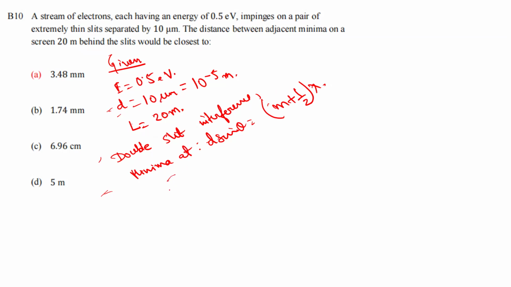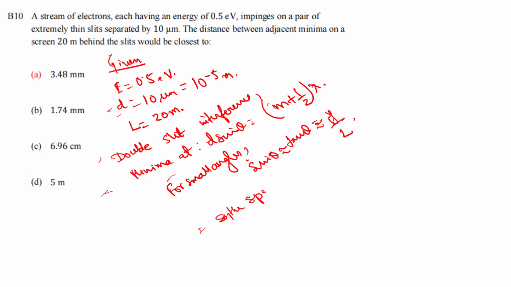For small angles, sin theta corresponds to tan theta, which is y by L. So the spacing between adjacent minima is delta y equal to lambda L by d.